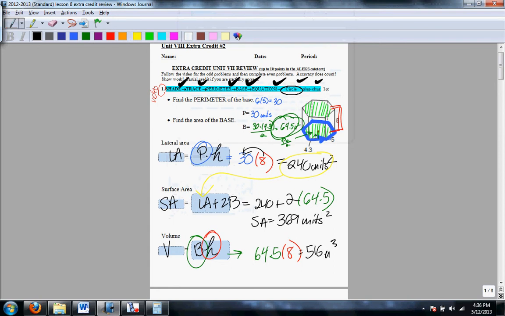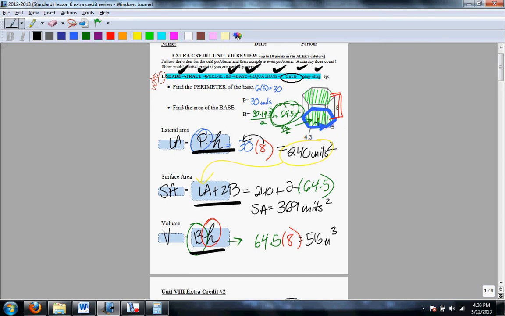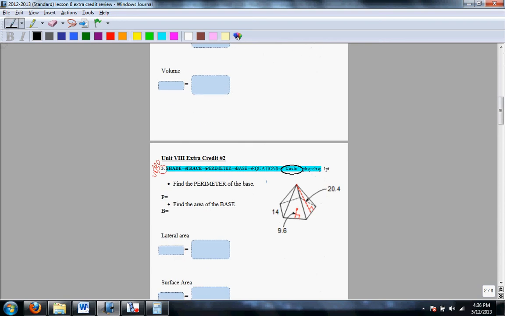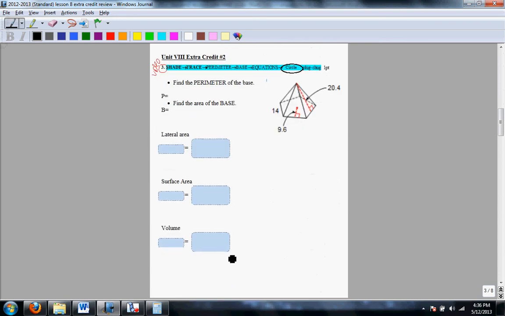Now it's units cubed because it's volume. So once again, cylinders, we have PH, LA plus 2B, and BH. That's for cylinders and prisms. Then you're going to do one on your own, and then now we're going to do pyramids and cones.